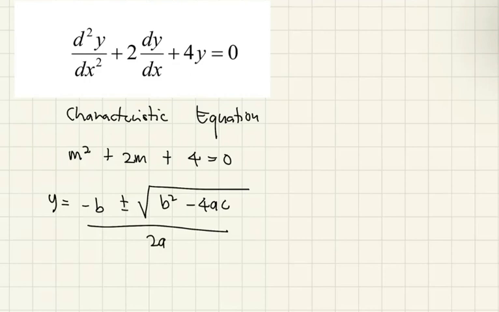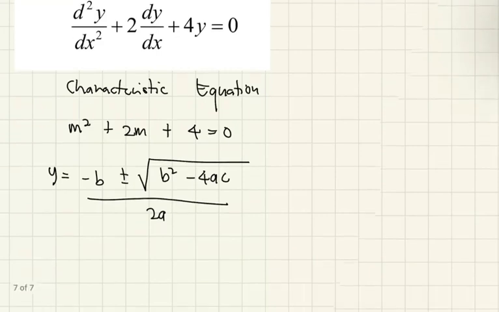To find the solution for this one, you can use the calculator if you can, or you can factorize this one if you can, or if you cannot find it by factorization, try to use the quadratic formula. If your calculator can find a solution for a quadratic equation, why not just use the calculator? It will be much faster. And for this example, let's show how to find it by using the quadratic formula.